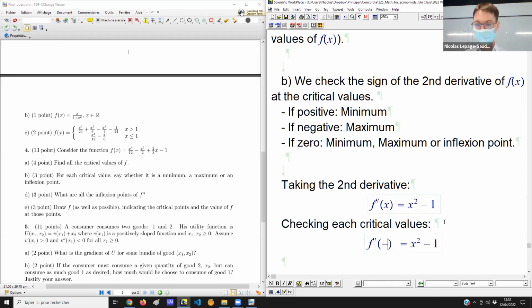So the first one was -2, and I get -2 -1 equals 3. So that's greater than 0. So what should I have here? Minimum, yes.